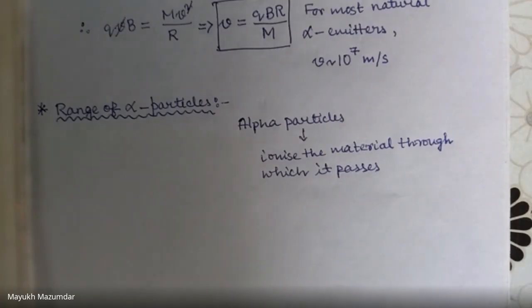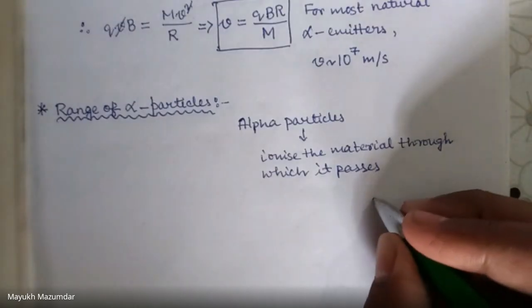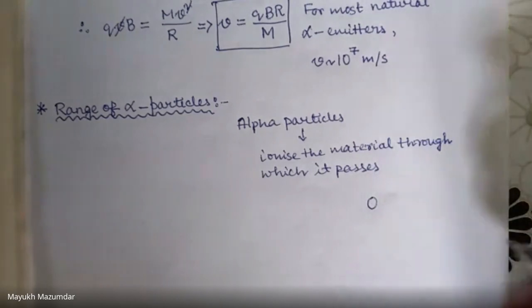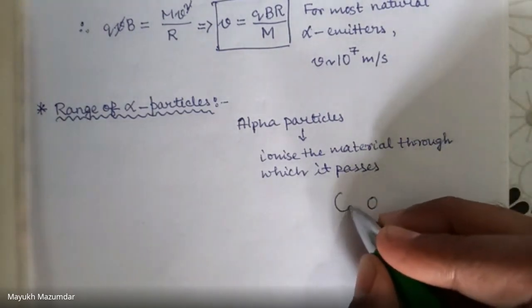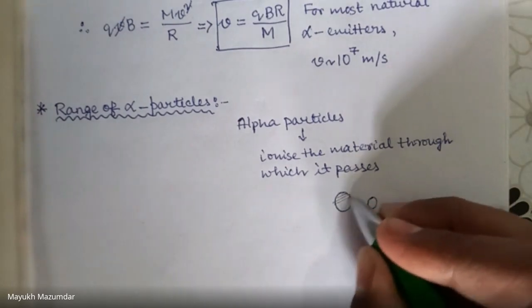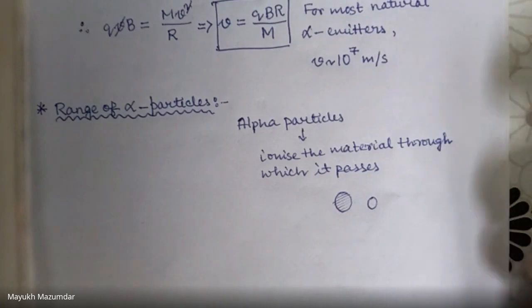How is it acquired? By losing or gaining electrons. Exactly. So suppose this is an atom of the medium and this is an alpha particle. Alpha particles are actually very massive compared to beta and gamma particles. Gamma particle is massless, it's a photon only.